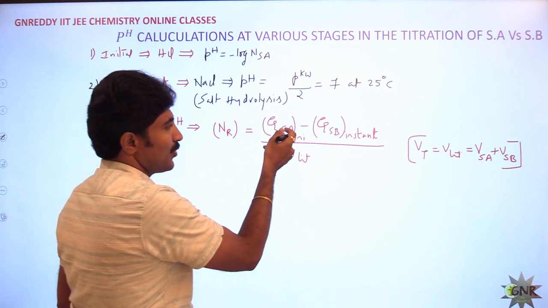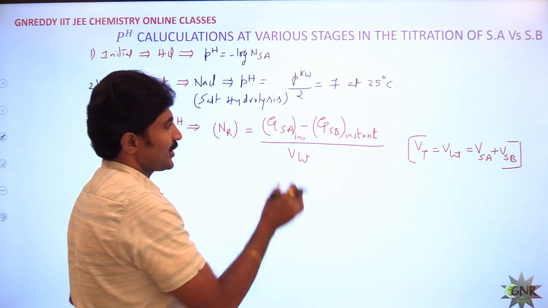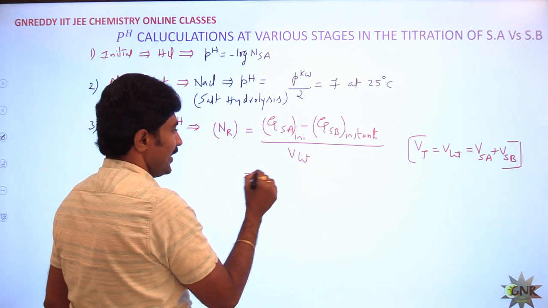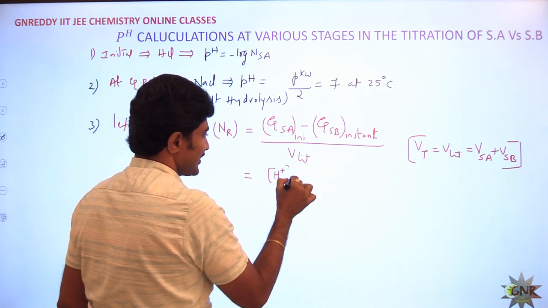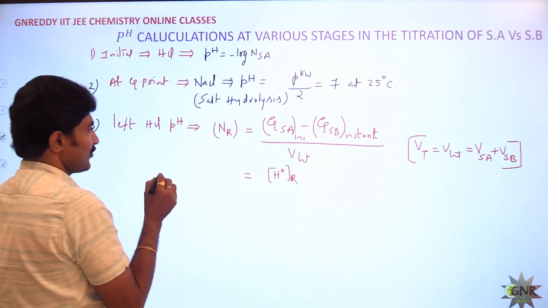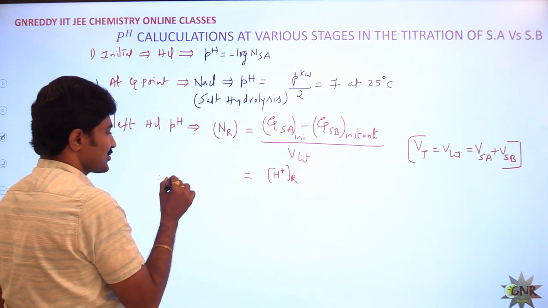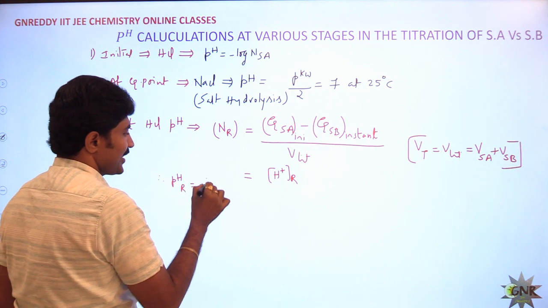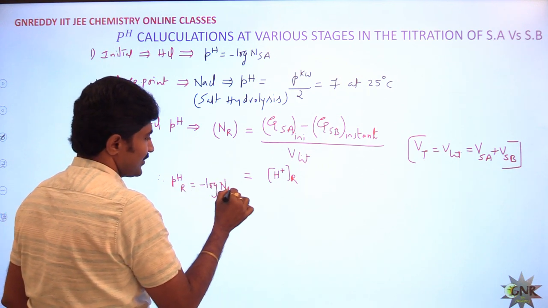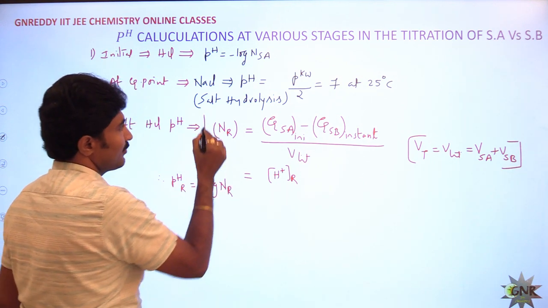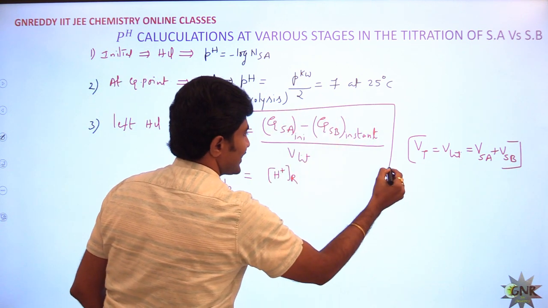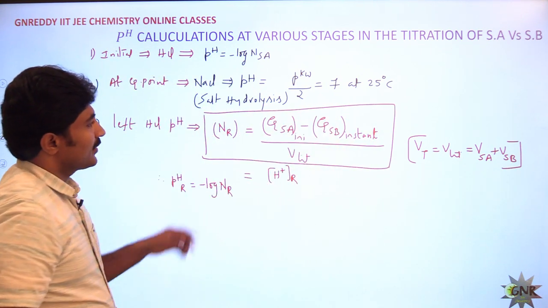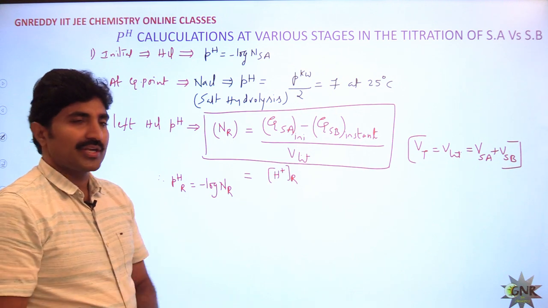Here this is a larger value than this, that's why a positive value comes, and it represents the H plus of the resultant solution. Therefore what is the pH of this resultant solution? This is minus log of the normality of the resultant solution. So in between the initial and equivalence point, find the resultant normality of the conical flask solution.